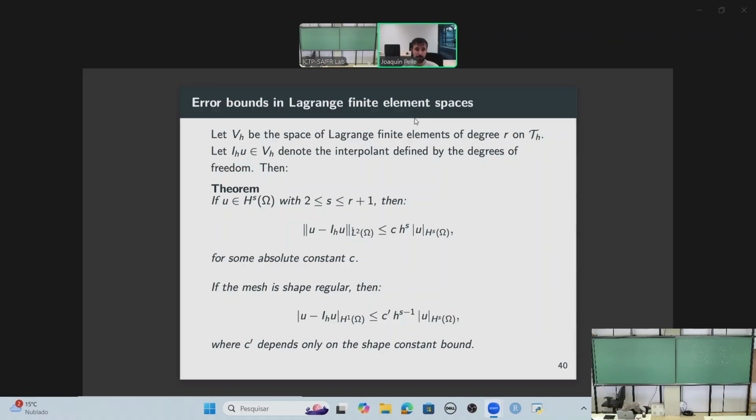Now the L2 norm of the approximation can be bounded by a constant C times H to the S here, where S is the order of smoothness of the function, and of course here it's bounded by R plus 1, where R is the degree of the polynomial space, and the HS semi-norm of U, right?